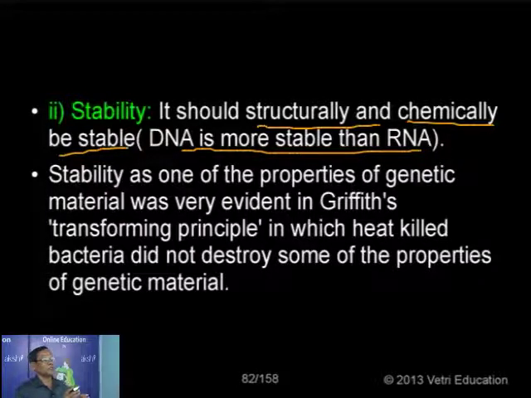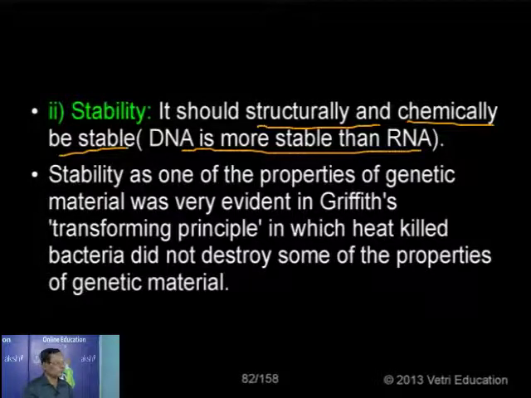When the bacteria were subjected to the heat killing process, the heat killed bacteria did not destroy the genetic material. Only the outer capsule, the cytoplasm and other things disappeared, but the genetic material was stable. So it was very evident in the first experiment that the genetic materials were very stable.